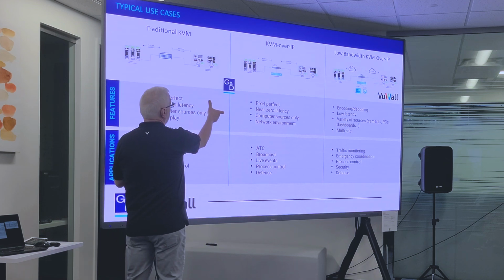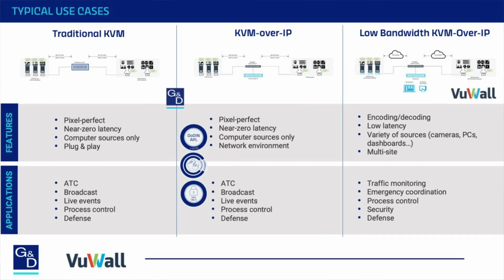It's just a different type of infrastructure. One additional advantage of this solution with G&D is that G&D secured certifications which are very important in highly secured deployments. So the G&D KVM solution is probably the safest KVM solution you can find on the market today.